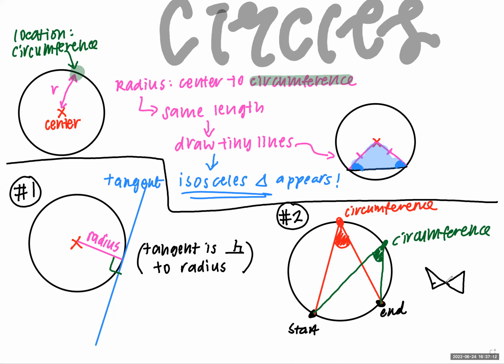When it's a bow tie, take note that the top of the bow tie will be the same and the bottom of the bow tie will be the same. And you need to be very careful. The four corners of your bow tie must all touch the circumference.